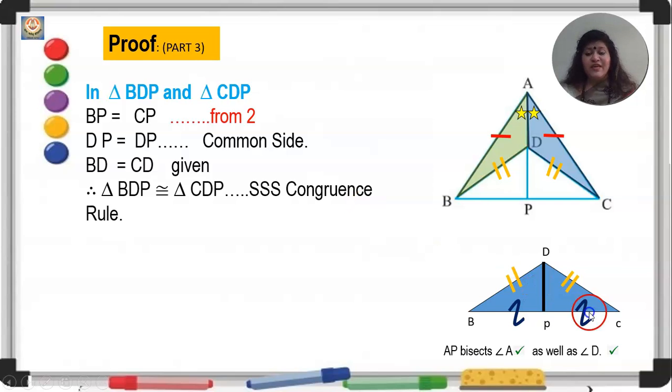Now, if they are congruent by SSS rule of congruency, can we write a CPCT in this? Yes. Look at this, all of you. These two angles in black. That means angle DPB will be congruent to angle DPC.